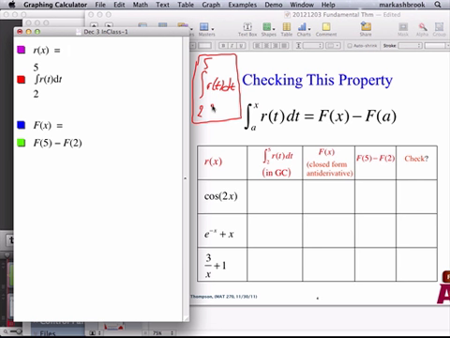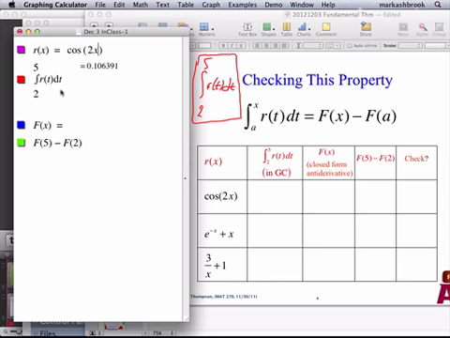Okay? So in graphing calculator, as you see there, line 2 is doing that for us. All we need to do is put the rate function in, so cosine 2x. And you see that line 2 will evaluate the accumulation of the quantity from 2 to 5 with that rate of change, okay?